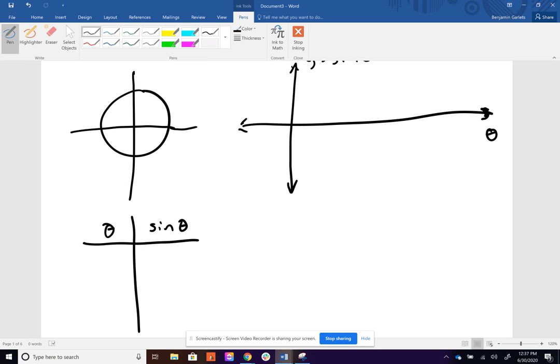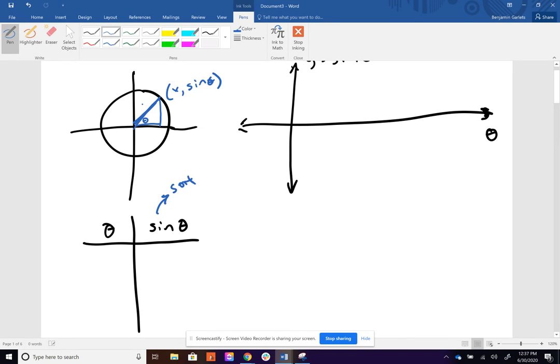If you think back, we created something like this. Theta, the sine function is opposite over hypotenuse. So if I've got x, y right here, my opposite is my y value. So I know that y is my sine of theta.